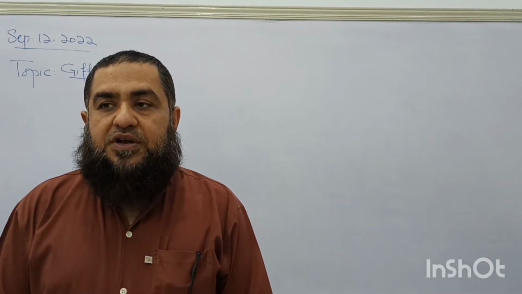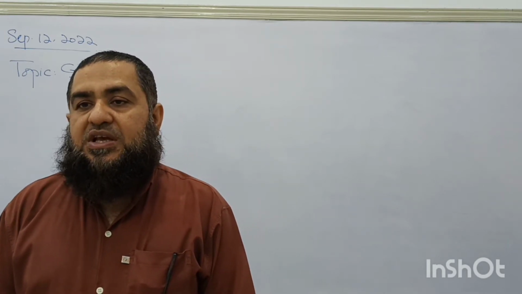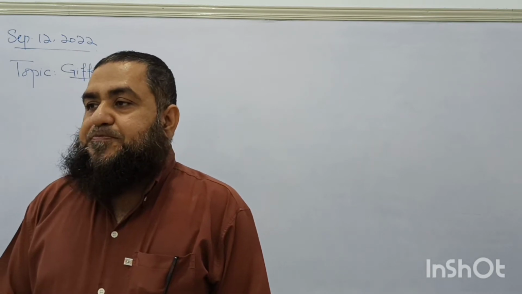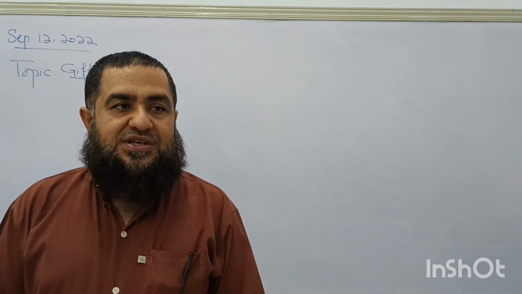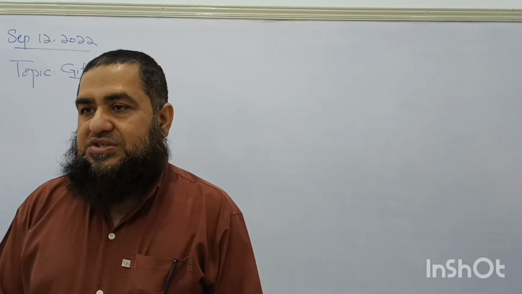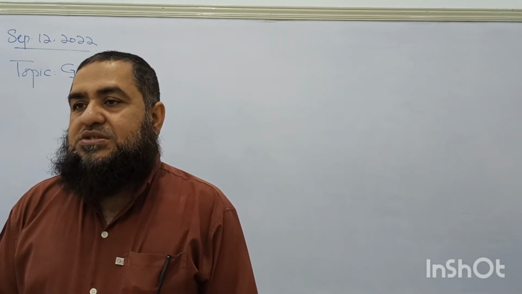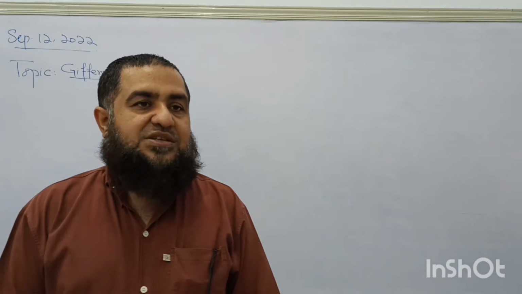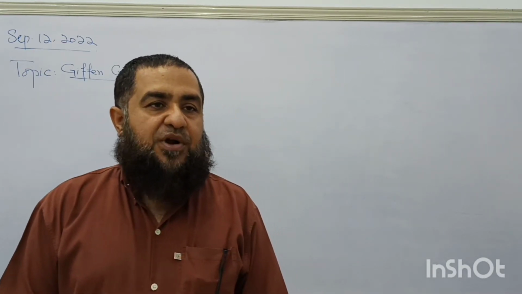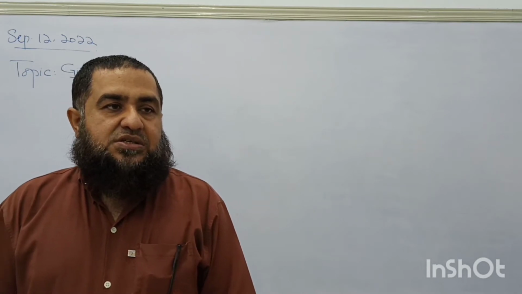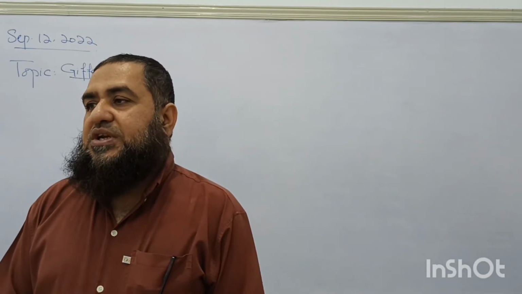So today, what is a Giffen good? Basically, we said the nominal income of the consumer is kept constant. That is not going to change. What we are allowing to change is the price of the product. When the price of the product decreases, it has two effects, substitution and income effect.